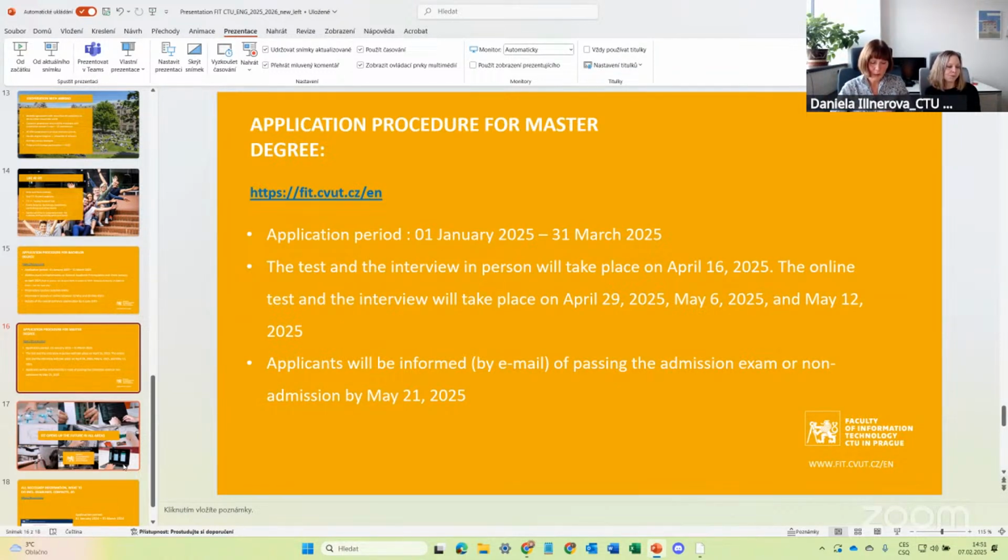So no previous experience is required, unless we are talking about master students. Definitely we expect some knowledge on the bachelor level for master students.